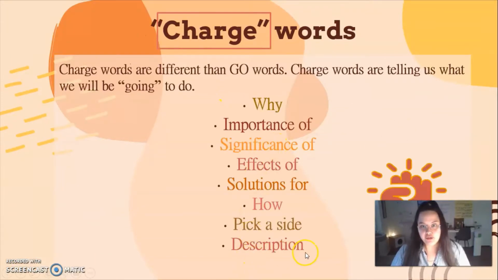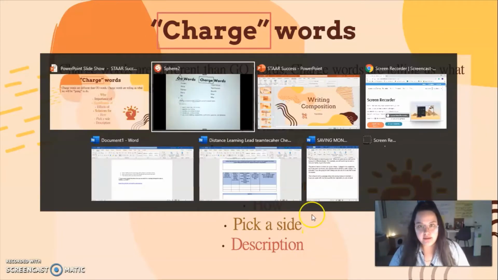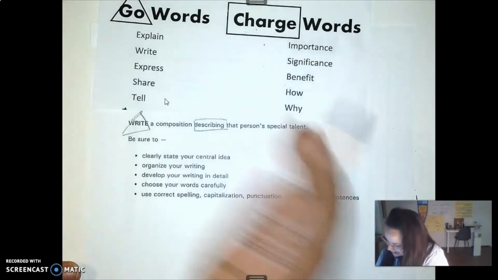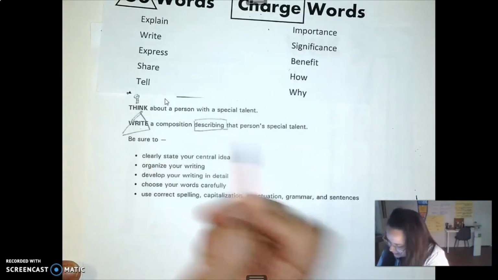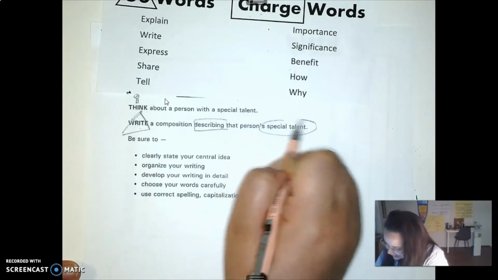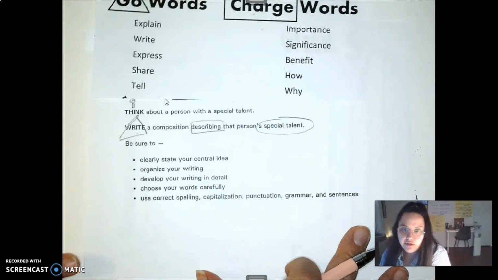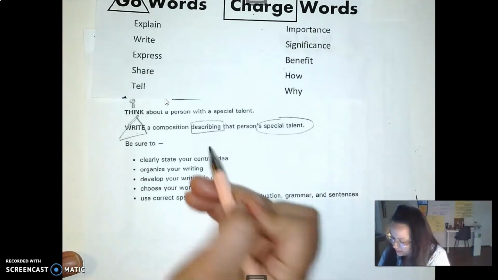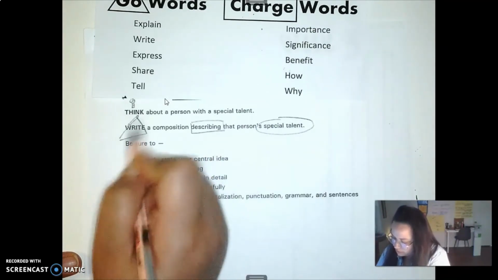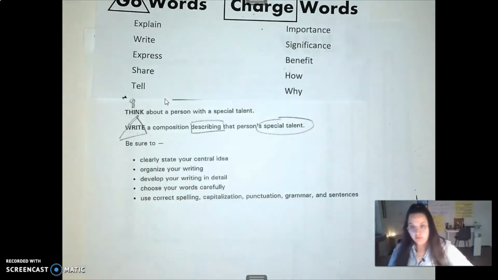There we go, description. That definitely falls under charge word. All right, let's continue. Now, they want us to write and describe a person's special talent. That is our topic. So this is the main topic. We're going to describe that person's special talent, and we're going to write a composition. Great.